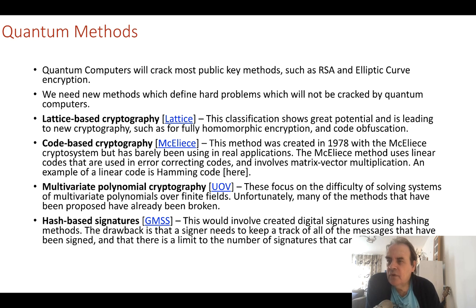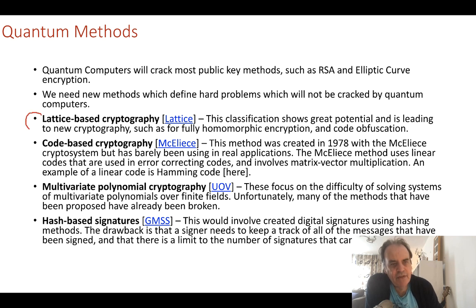The basic core methods that they're based on will not become a hard problem in the face of quantum computers. So we need to very quickly move away from our existing methods and move towards quantum robust crypto methods.